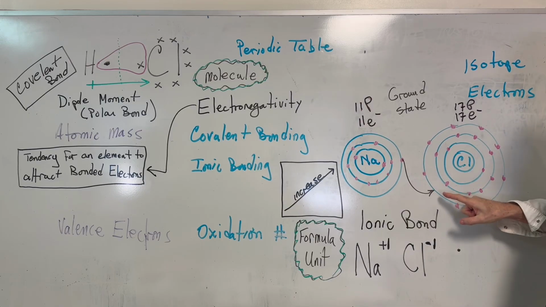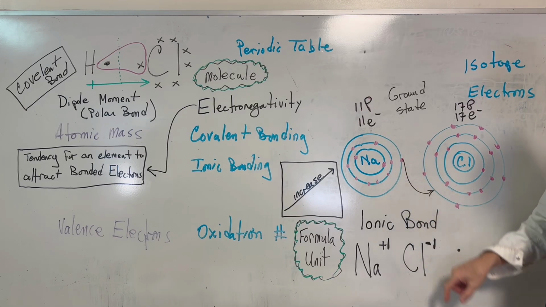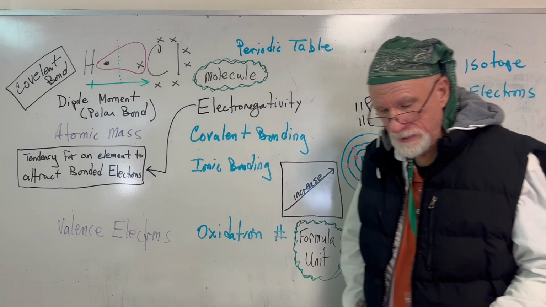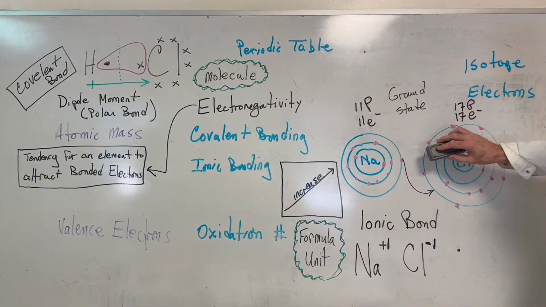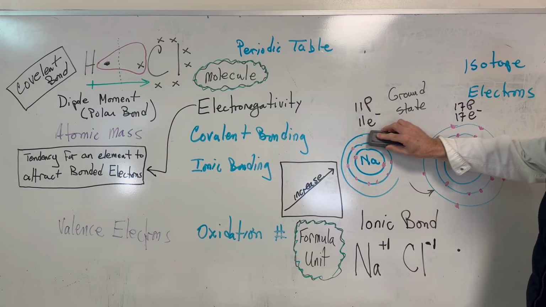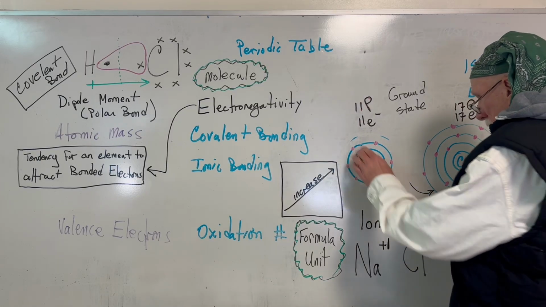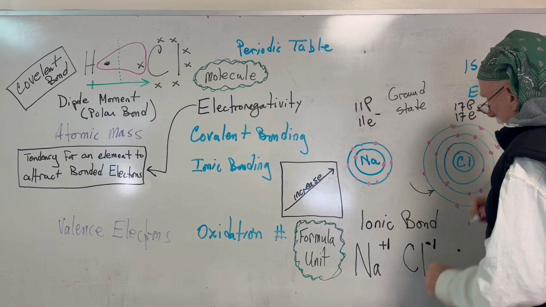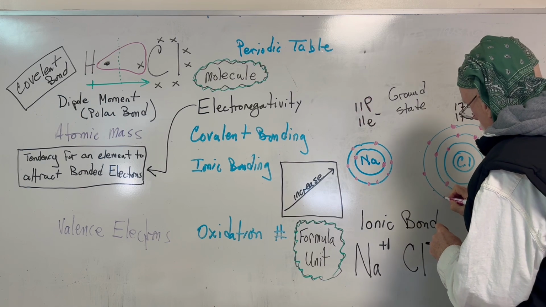Chlorine will gain 1 electron to be like argon. Sodium will give up 1 electron to be like neon. So it's going to look like this. So this shell here disappears, and then this gains an electron. This gains an electron.